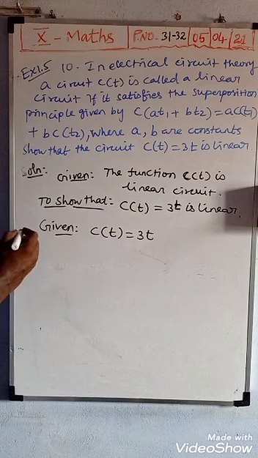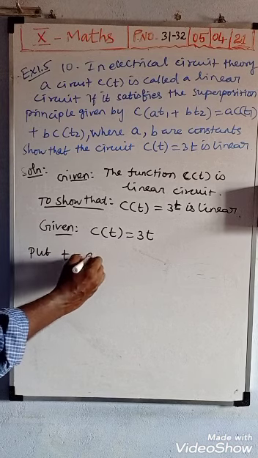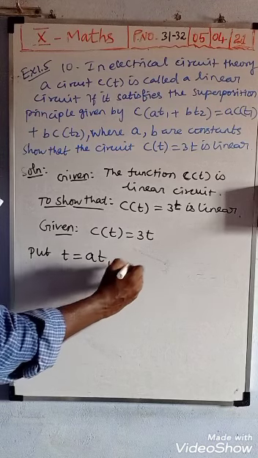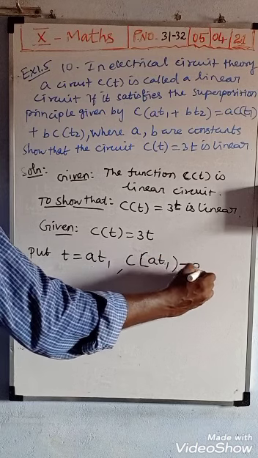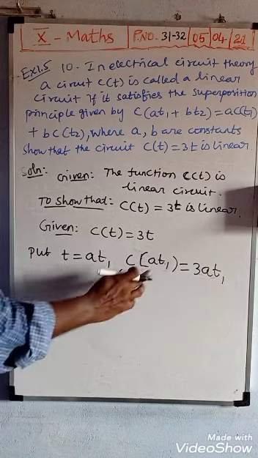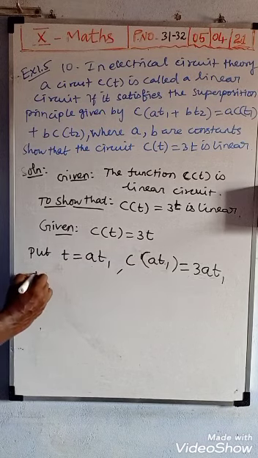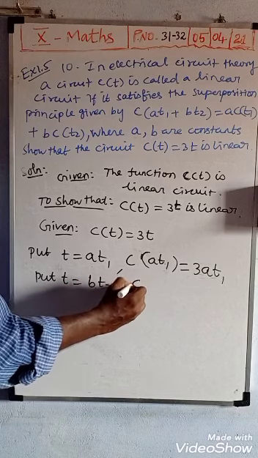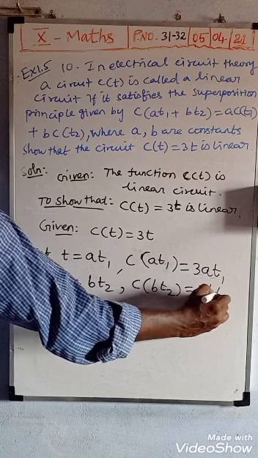Now for that, here put, instead of T you want to substitute aT1. So instead of T you substitute aT1, means C of aT1 is equal to 3 times aT1. Next put T is equal to bT2. So you should substitute, means C of bT2 is equal to 3 of bT2.